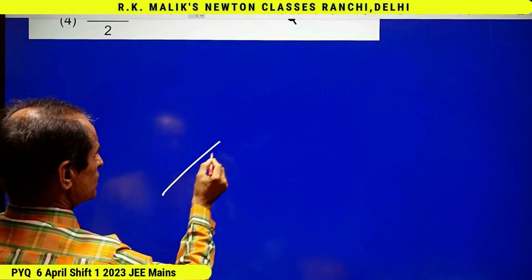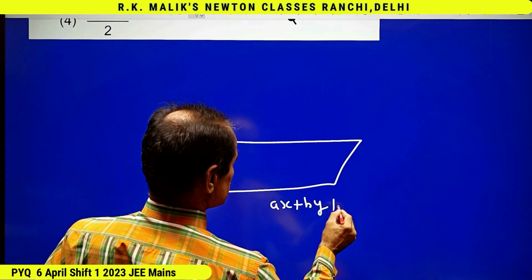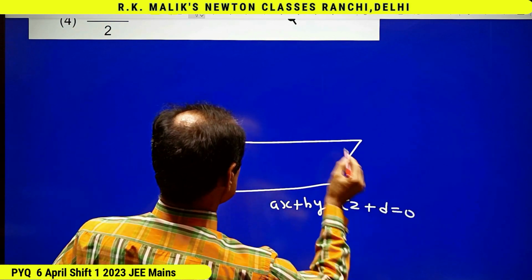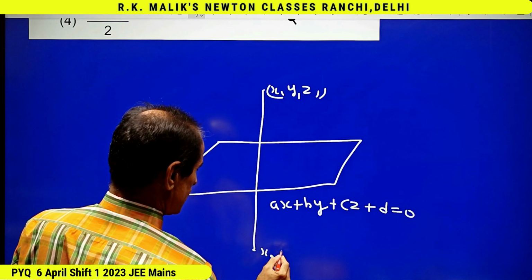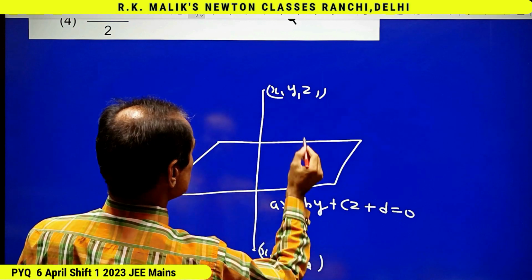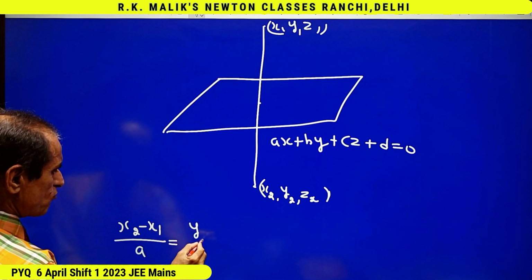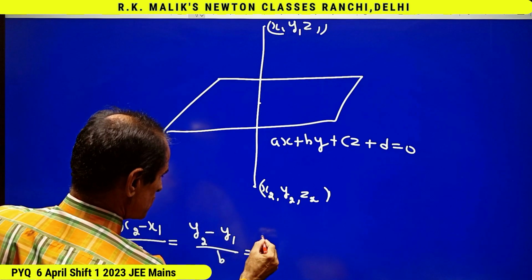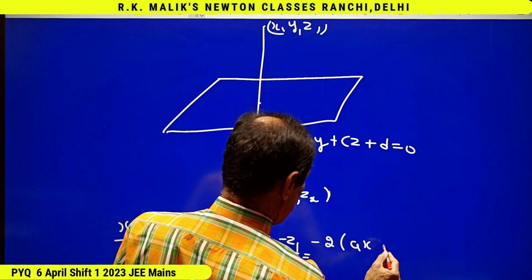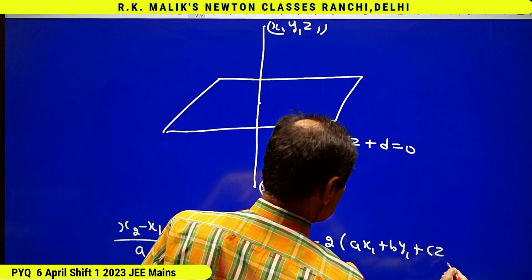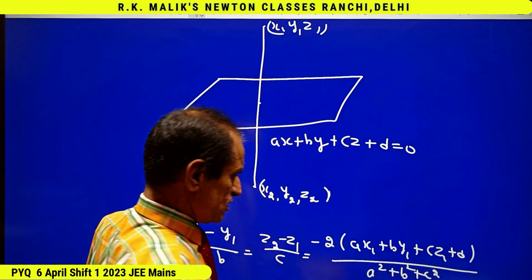Before I do this question, remember this formula: if there is a plane Ax plus By plus Cz plus D equal 0, and this is the point x1, y1, z1 and this is the image point x2, y2, z2, then (x2 minus x1) upon A, (y2 minus y1) upon B, (z2 minus z1) upon C is equal to minus 2 into (Ax1 plus By1 plus Cz1 plus D) upon (A square plus B square plus C square).